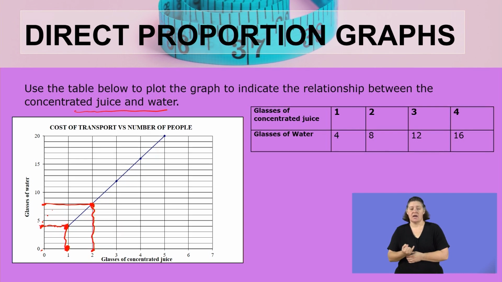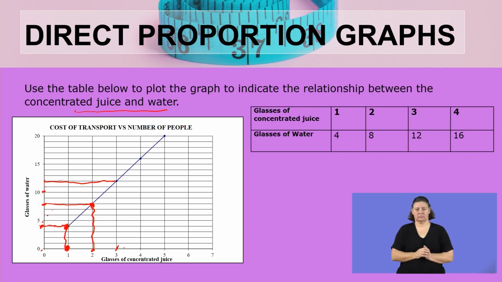And then for 3 glasses, we say 12. Because this is your 10, we can read 11 and 12. This is the point where you will have 12 and 3, where the 2 are meeting. And then if you have 4, we are going to have 4 and 16. And once more, this is where the 2 points are meeting.